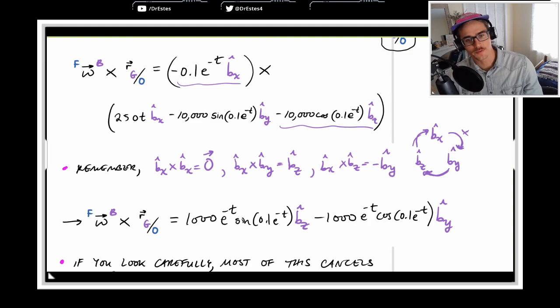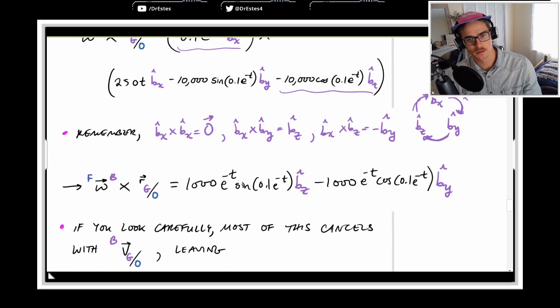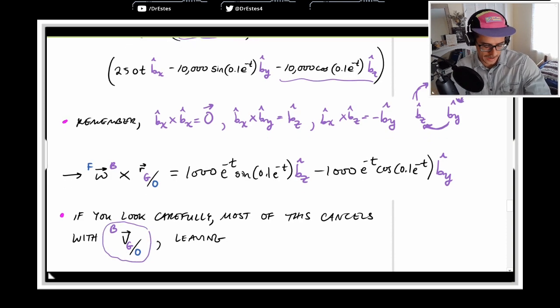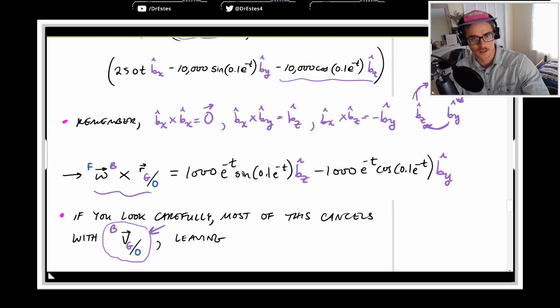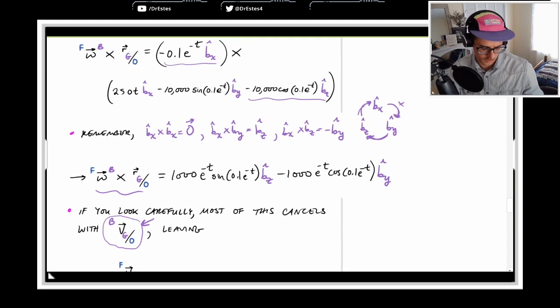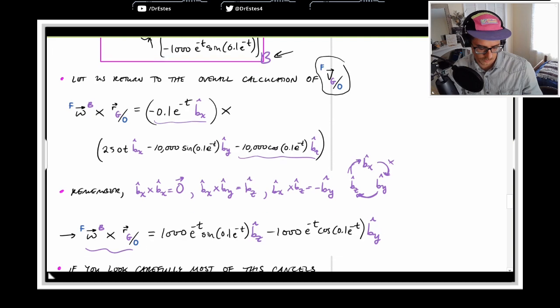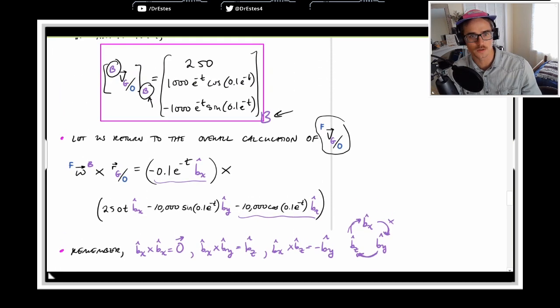Okay, so if you look carefully, most of this cancels out with the other term from the transport equation, because remember we're adding this term to this cross product. And let's compare that really quick. We have 1,000 of this along the BZ direction.